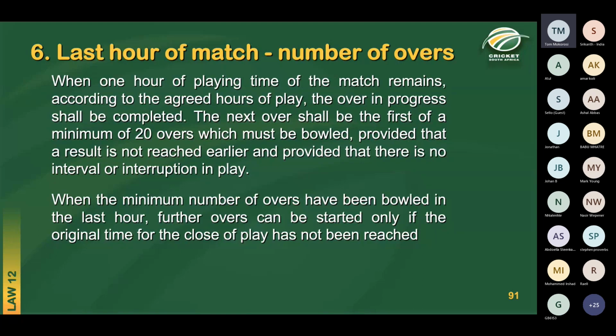So this means that in Test match cricket, if we start our last hour at 1600 hours, as we're supposed to do, and we bowl the required 15 overs by 1650, law tells us here that we can carry on playing until our scheduled close of 1700 is reached. So you can bowl more than the required minimum in your last hour.